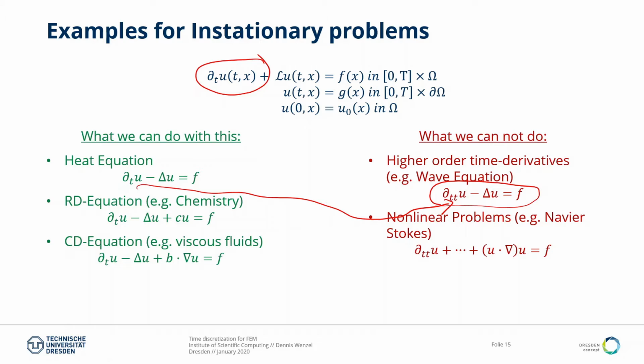Aside from this, there is also no way of covering nonlinear problems with this setting. For example, here you see part of the Navier-Stokes equation that contains this nonlinear convection term where the convection kind of depends on the solution itself. So it's pushing itself forward.